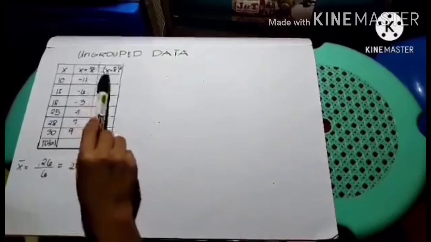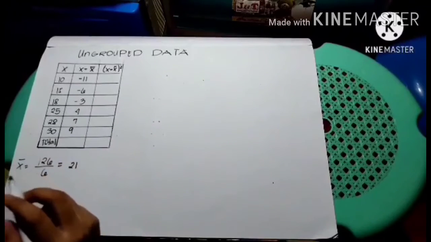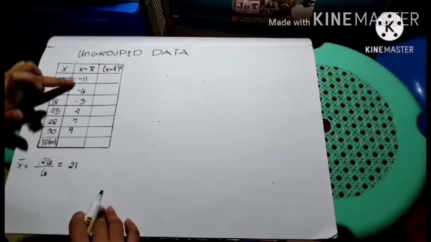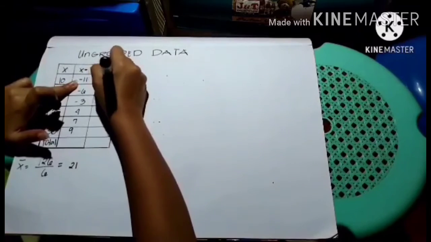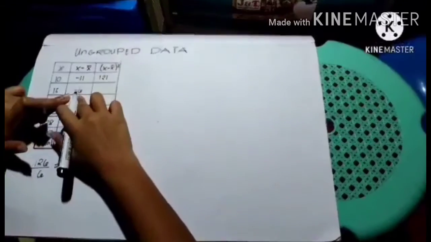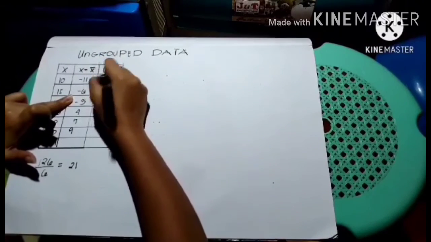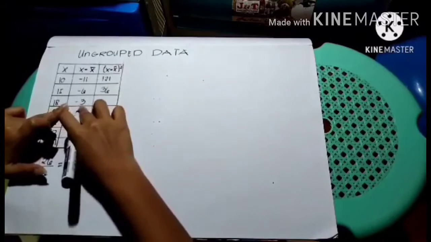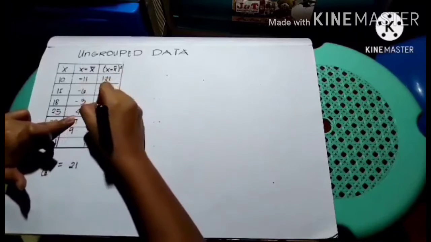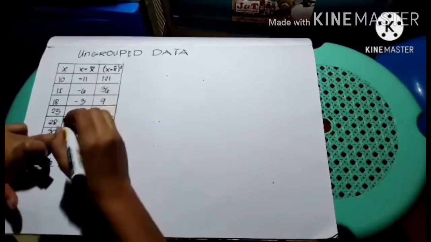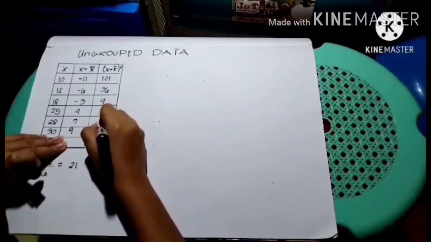Next is to get the X minus X bar squared. The square of negative 11 is 121, and the square of negative 6 is 36, and negative 3 squared is 9, and the square of 4 is 16, and the square of 7 is 49, and the square of 9 is 81.